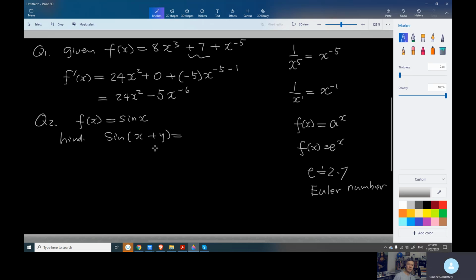This is called the sum angle formula. Have you studied this formula before? That equals sine x multiply cosine y plus cosine x sine y.